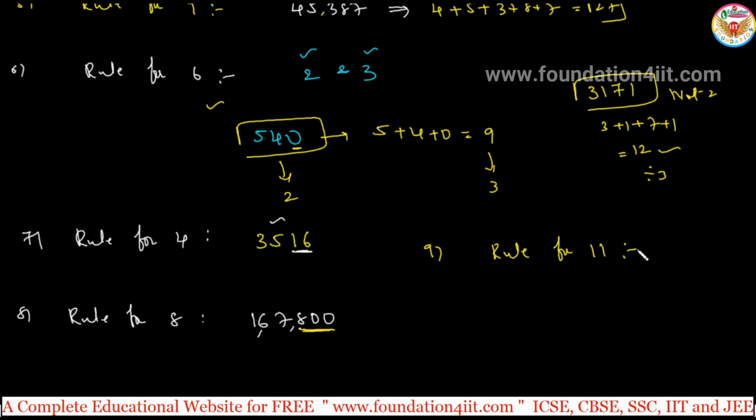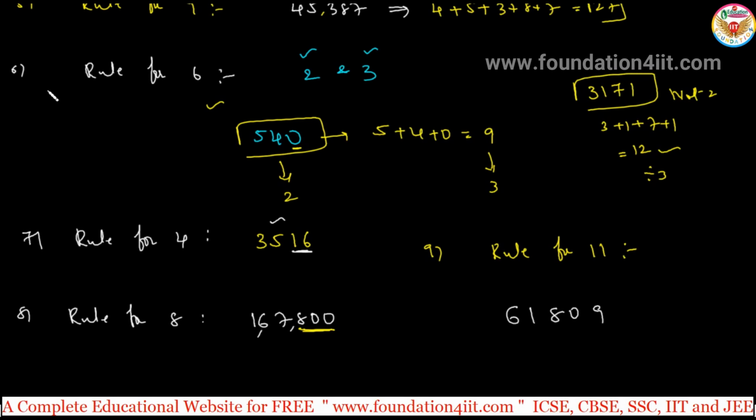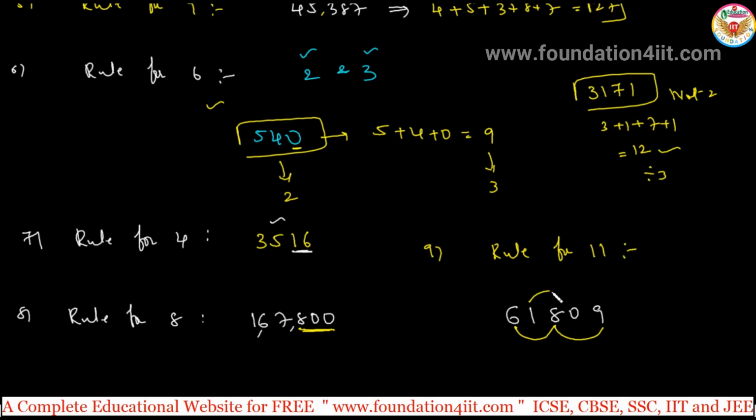Divisibility rule for 11. The rules for 12, 13, 14 are not necessary as per your syllabus. So the rule for 11 is, consider a number 61,809. The rule for 11 is the difference between the sum of the even places and odd places. So add the first, third and fifth numbers, and add the second and fourth remaining numbers. 6 plus 8 plus 9, and 1 plus 0.